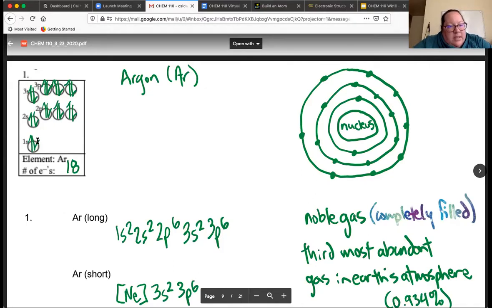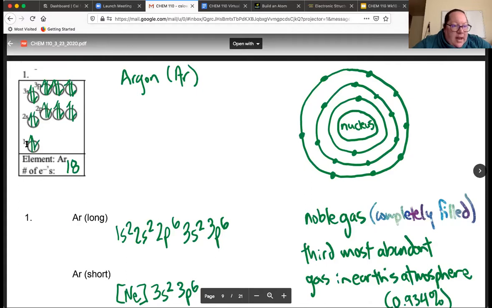So if we count these, 2, 4, 6, 8, 10, 12, 14, 16, 18, we filled all electrons in our orbital diagram.